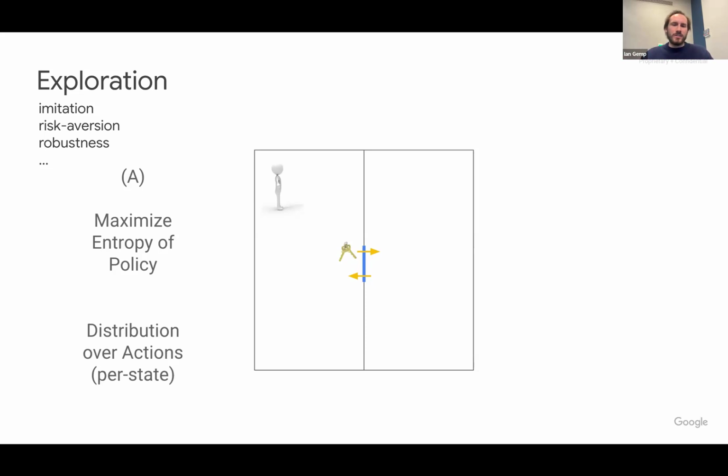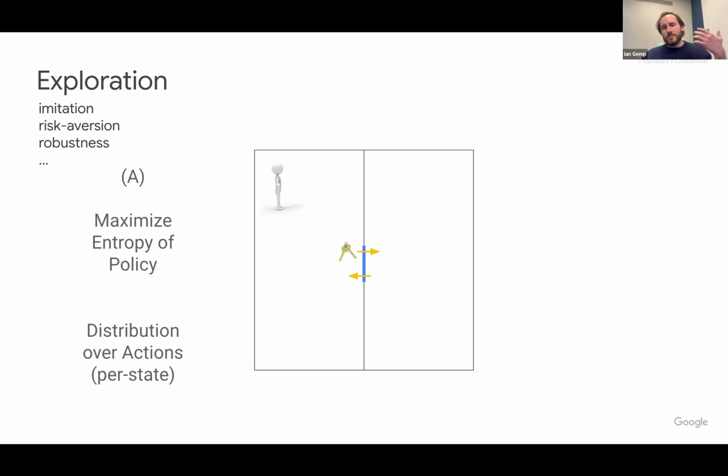If they're just using a random policy, they're going to eventually approach the door. They're going to eventually jiggle the keys in the right sequence to open that door, and then they'll get over into the room on the right. But when they're in the room on the right, they're going to be using a random policy. Eventually, they'll get back to the door and they'll just walk through the door.